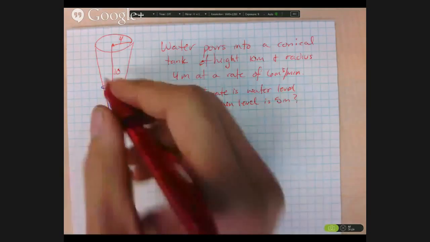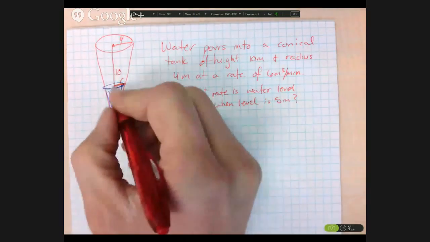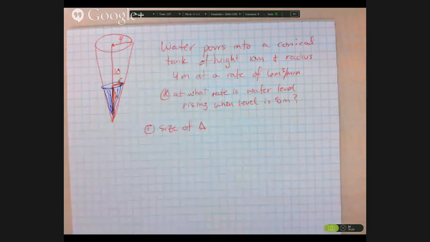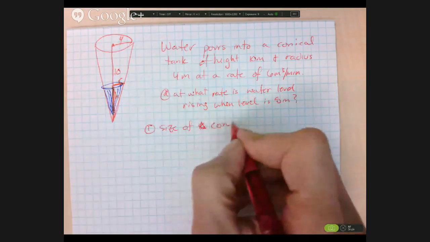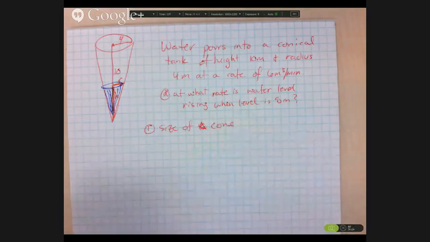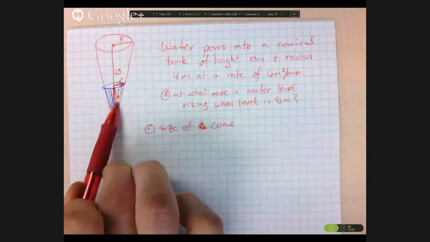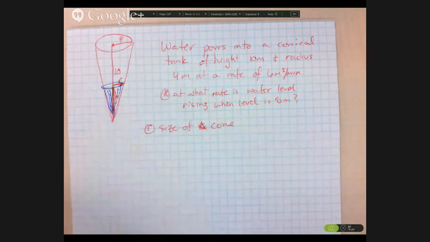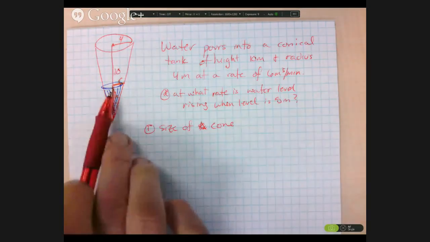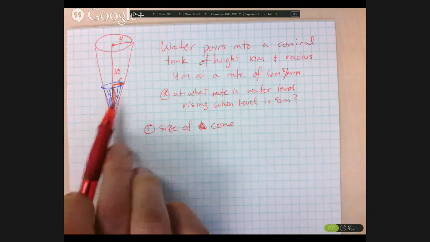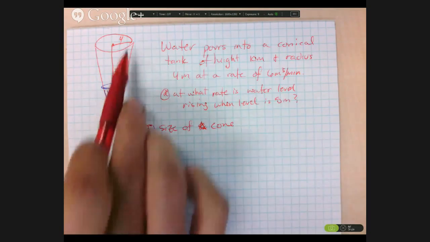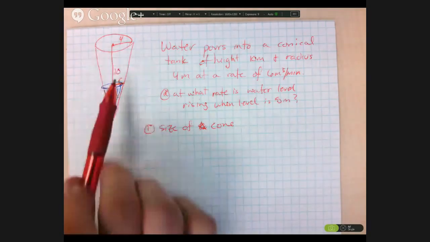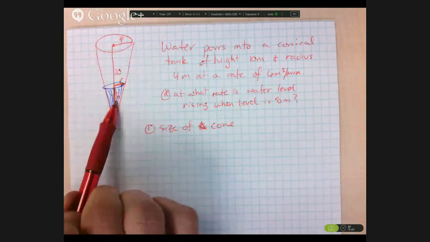We have a right triangle here, right? We'll make sure and say it's a cone to be mathematically correct. We need R and H, right? This mini cone is what we're working with. Okay, we know the size of the large tank. How high is the water level?